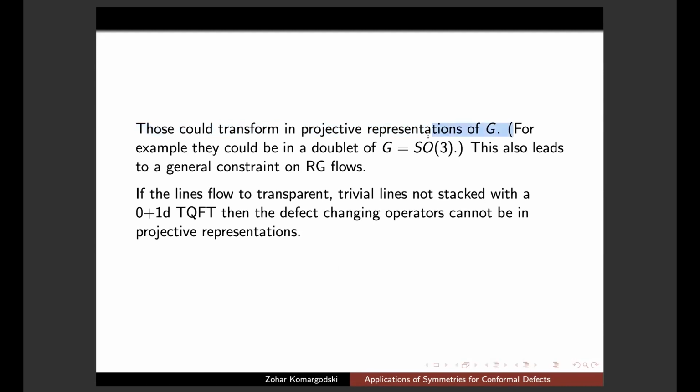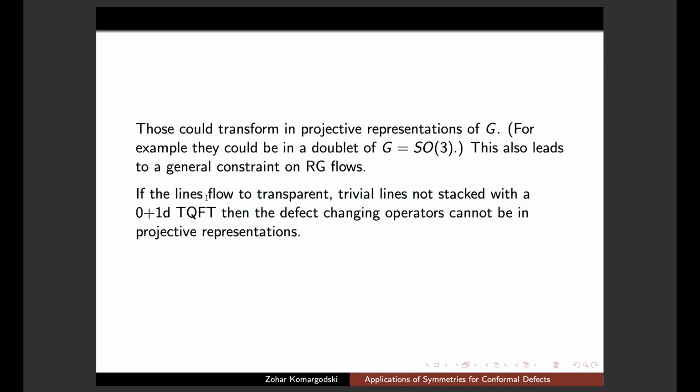For instance, if you have a magnet with SO(3) symmetry, defect changing operators could be in a projective representation of SO(3). And this leads to interesting constraints on our G flows that we will explore today. So what does it mean for our G flow? If the defect changing operators are in projective representations of G, this leads to a rigorous conclusion about the infrared.